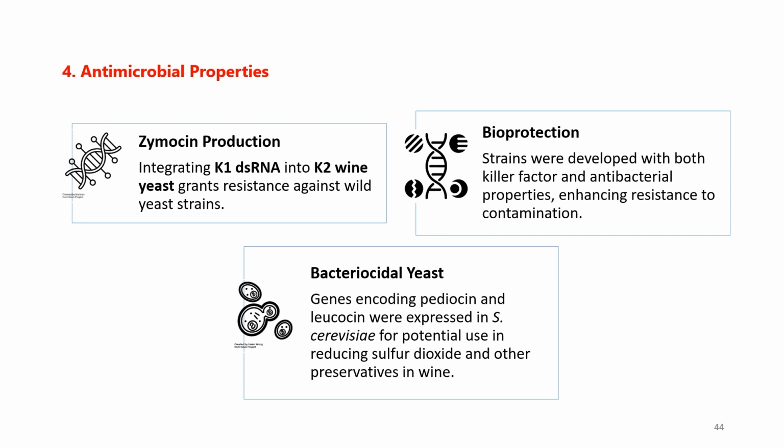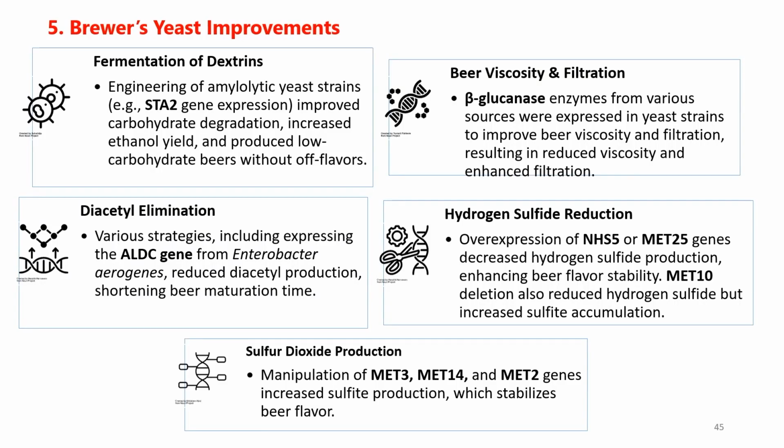Then there are also bactericidal yeasts, where genes encoding pediocin and leucocin were expressed in Saccharomyces cerevisiae for potential use in reducing sulfur dioxide and other preservatives in wine. Then strains were also developed with both killer factor and antibacterial properties, enhancing resistance to contamination, thereby providing bioprotection.